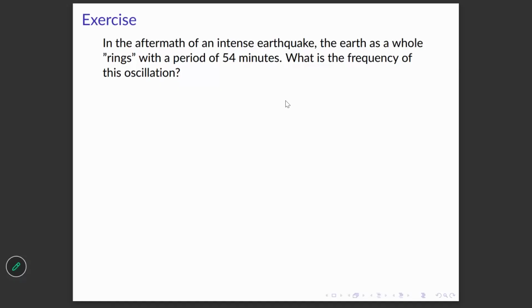How do you get from cycles per second to radians per second?